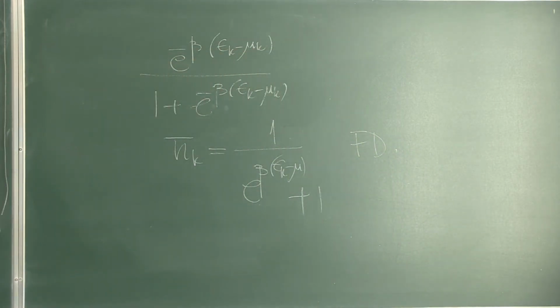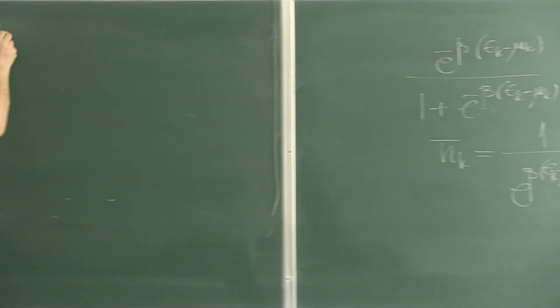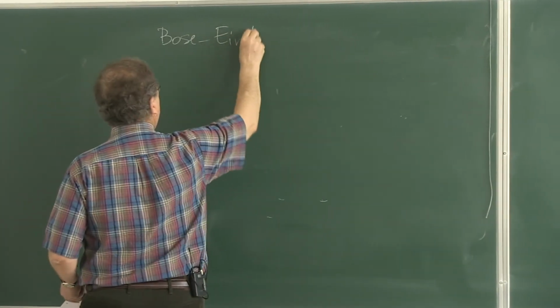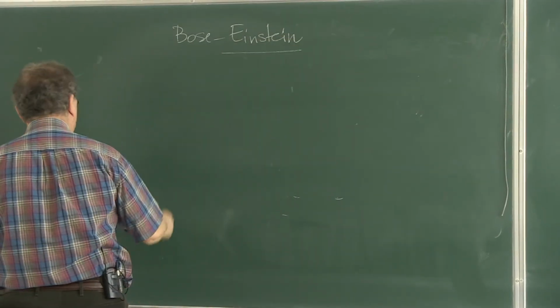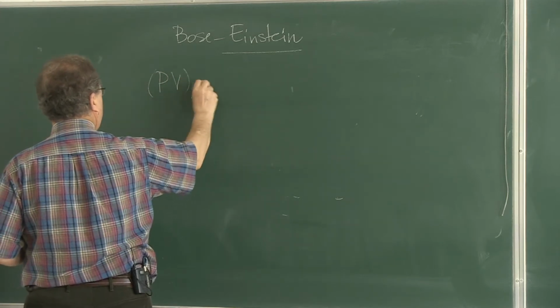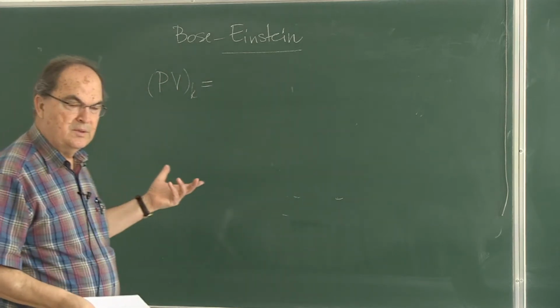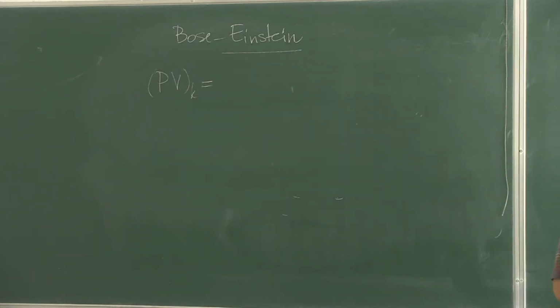Okay, let's look at the bosons. Bose-Einstein case. For bosons, this grand potential, remember, if we divide this by kBT, we have the Q potential, isn't it?